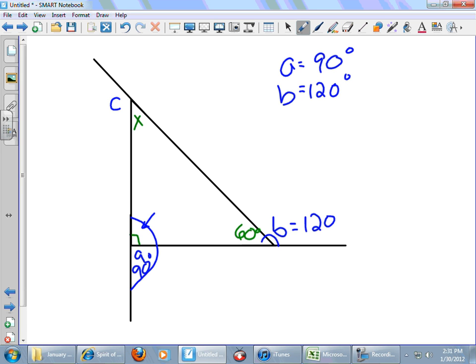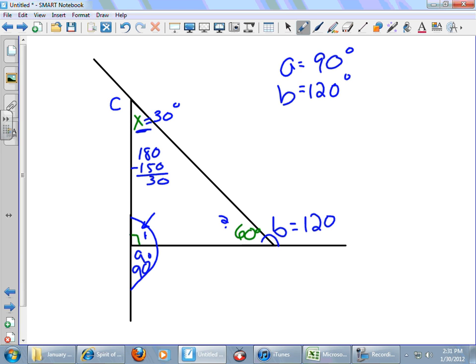But I do know that this angle, this angle, and x all make 180. I know that this one plus that one is 150 degrees. So I could do 180 minus 150, and then x must be 30 degrees. All right, so x is 30 degrees.